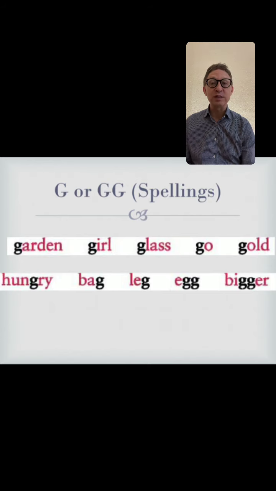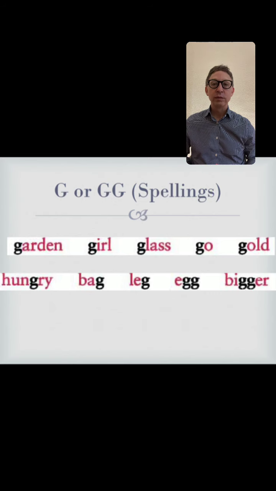There's a difference between them. Let's begin. Garden, garden, girl, girl, glass, glass. And I'm wearing glasses, glasses. These are always in the plural, always.